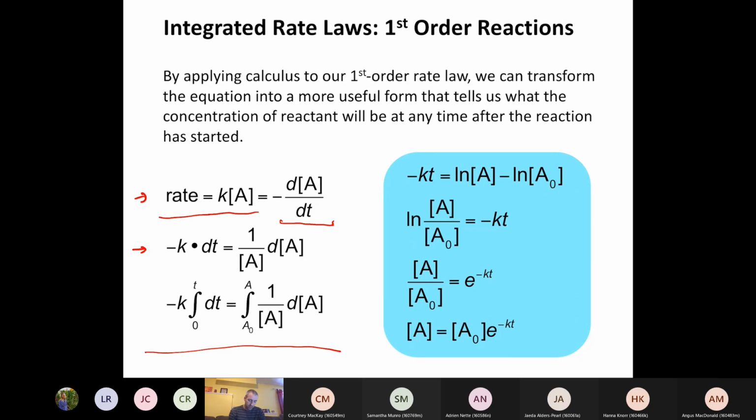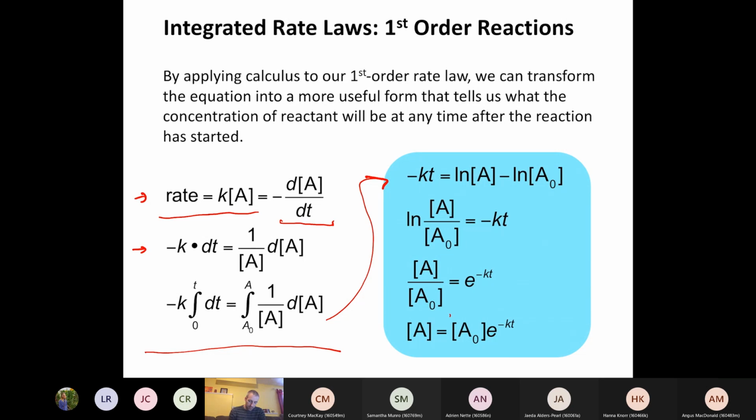When you finish the integration, you end up getting this equation, and all of the equations below that are just different forms of the exact same thing. Basically, they are rearranged forms of the equation that you see on the top. So all of these are really saying the exact same thing.